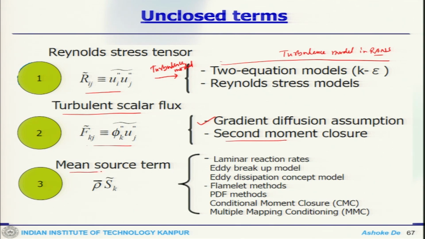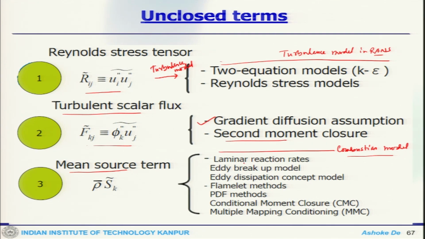Now, the mean source term is the point of interest, that is the chemical source term. Here you require all sorts of turbulence chemistry interaction models, or one can call them combustion models. So, you need these models which will allow you to close that mean source term.